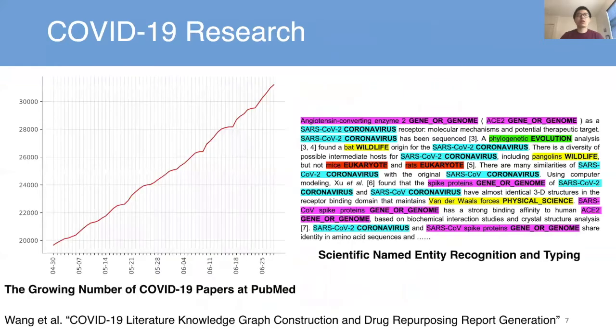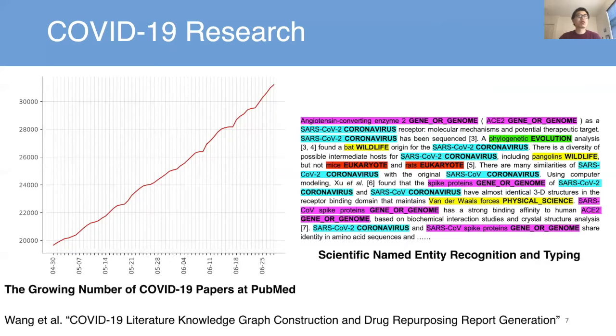Because of this COVID-19 pandemic, most of our meetings, conferences, and work have become virtual and online. So let's take a closer look at the COVID-19 research. If you look at these plots, you will realize that as time goes on, way more research related to COVID-19 is published.